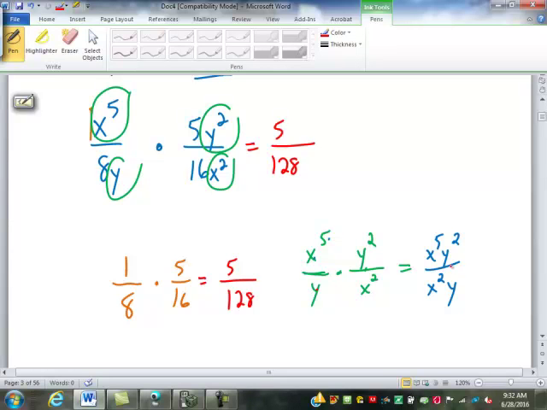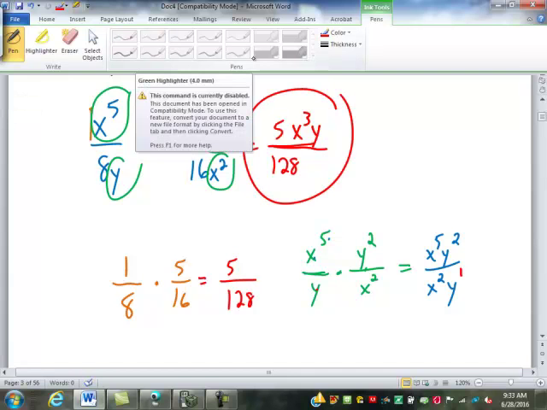So now, x is going to go on top with a power of 3, because 5 minus 2 is 3. y is going to go on top with a power of 1, or no power, right? This is a 2 and a 1. 2 minus 1 is 1, so you can put it as just y. So 5x to the 3rd y over 128.